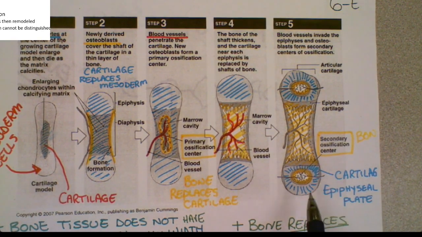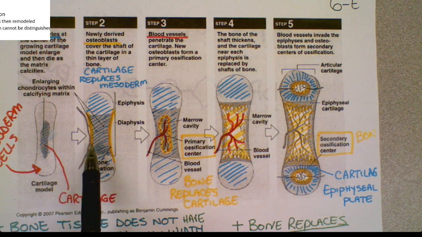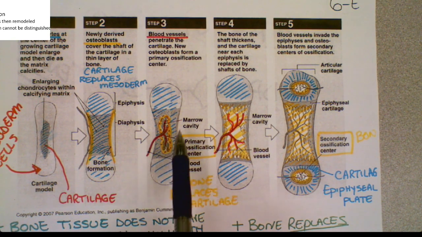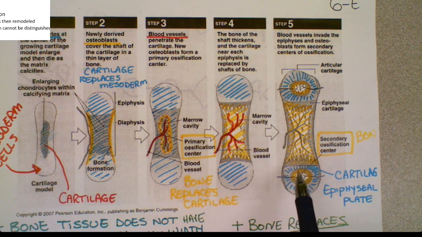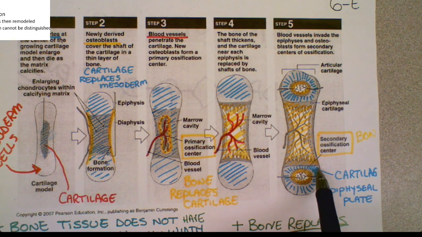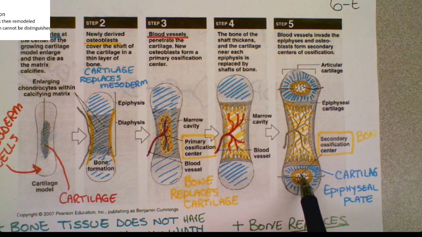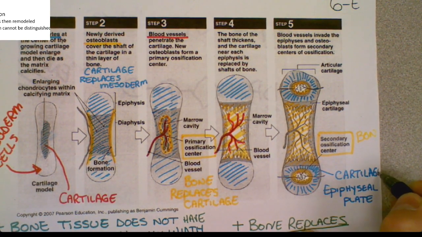By the time this bone is fully developed, it has started off as cartilage, and then bone has replaced it in the diaphysis through the primary ossification center, and then most of the epiphyses are going to replace their cartilage with bone until we've got just a thin layer of cartilage towards the edge. In between the primary and secondary ossification center, we also have a strip of cartilage. This cartilage is called the epiphyseal plate.